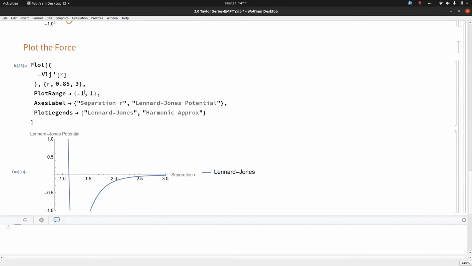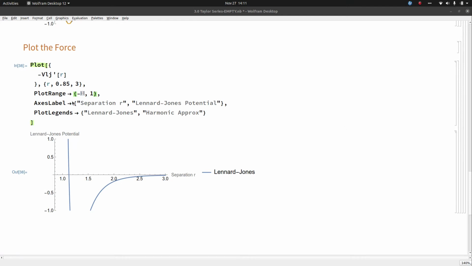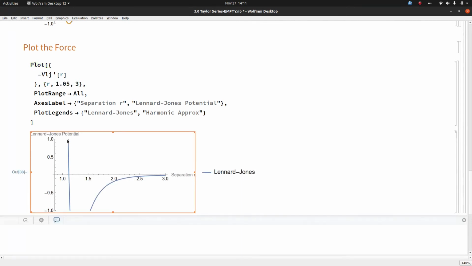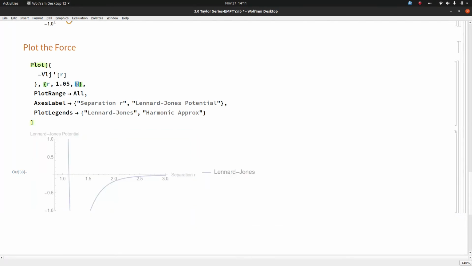I'm actually going to expand my plot range here because I want to see, let me just do PlotRange go to All to make sure we get it all in there. And I'm going to change my range a little bit because it's going to blow up if I get too far below 1.